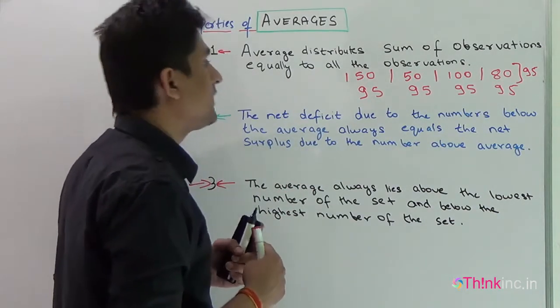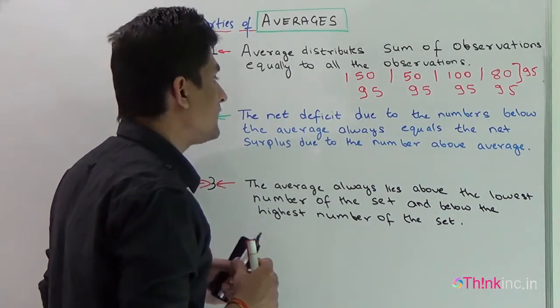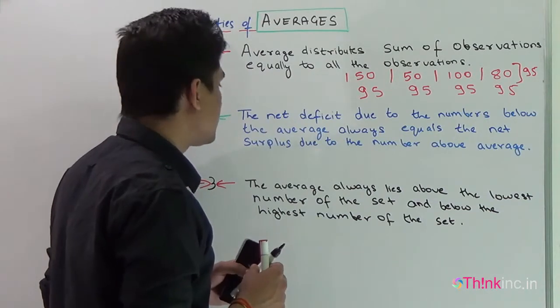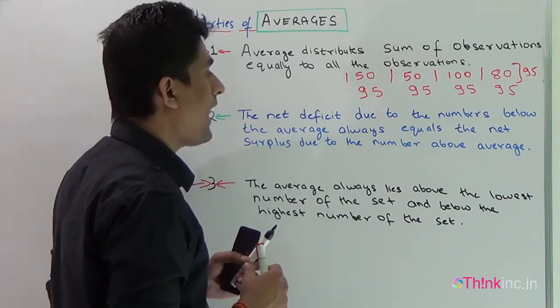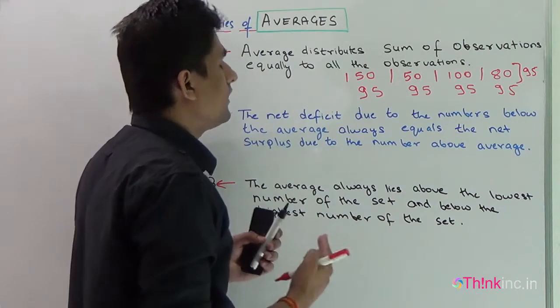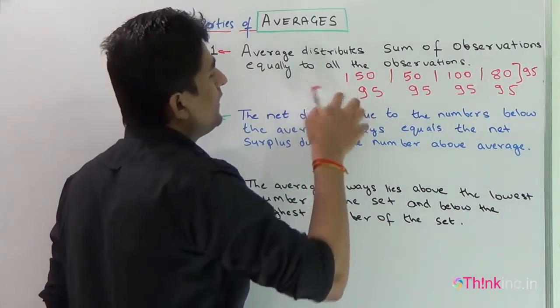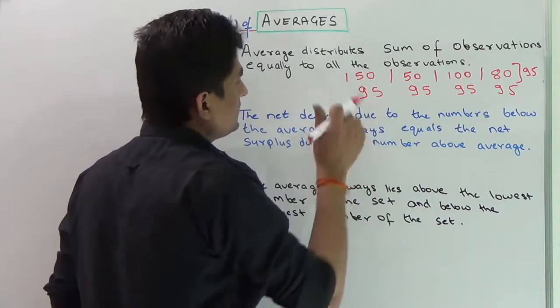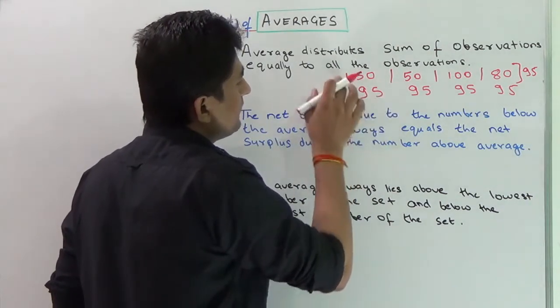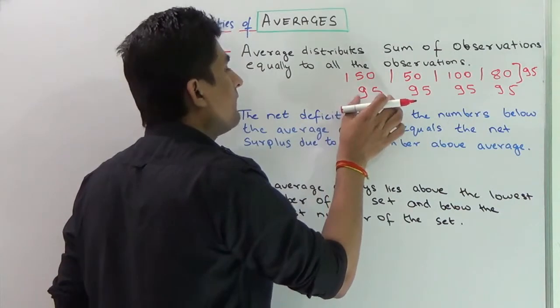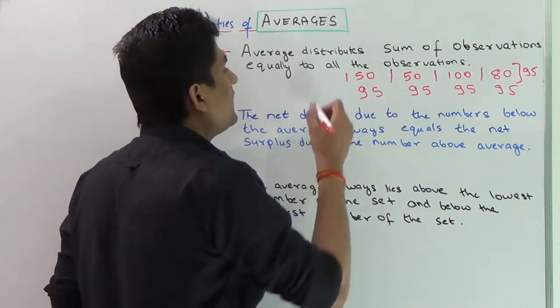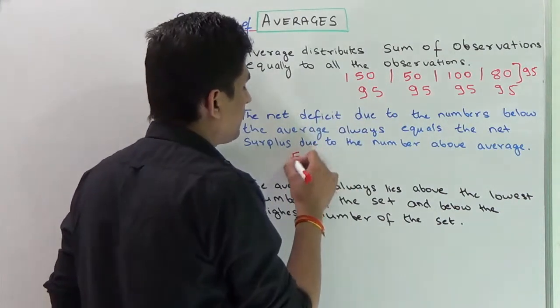The net deficit due to the numbers below the average always equals the net surplus due to the numbers above average. Suppose in this particular example, if I subtract 95 from 150, I'll get a difference amount of 55.